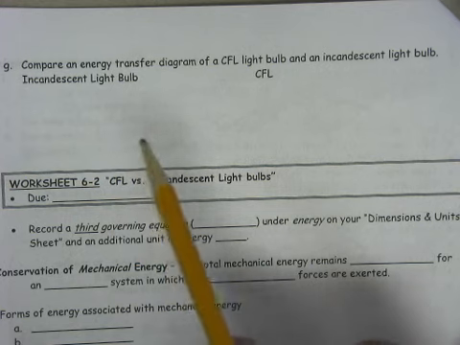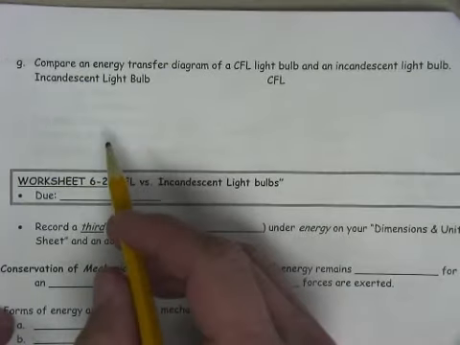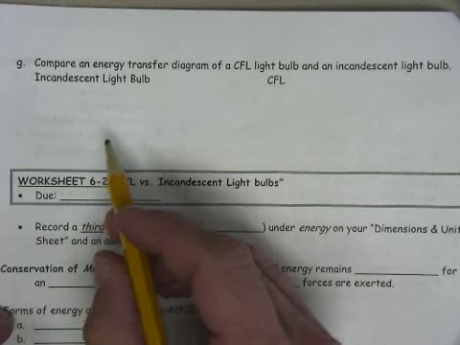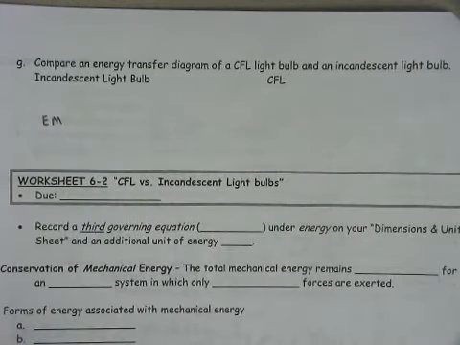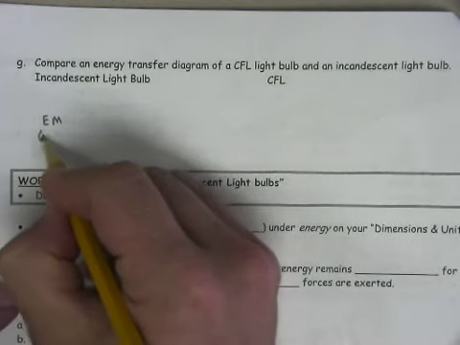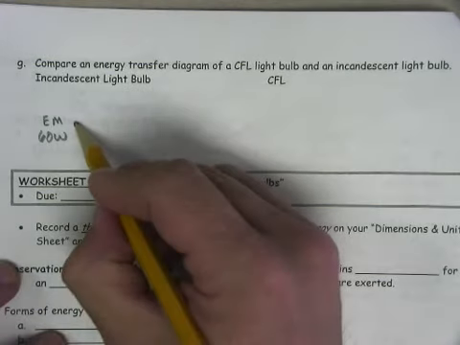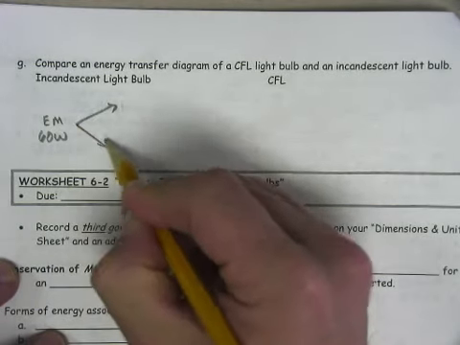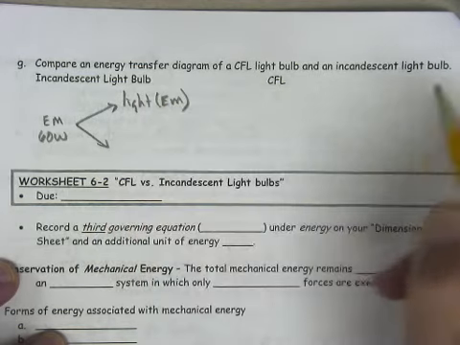Well, let's take a look at what an incandescent light bulb does and put some numbers on it. An incandescent light bulb is going to start off with electromagnetic energy because you plug it into some sort of power source. And then let's say it has 60 watts of power, so it's using up 60 joules of energy every second. Well, when you turn it on, some of that energy goes into light, which is electromagnetic energy, and that's a good thing.